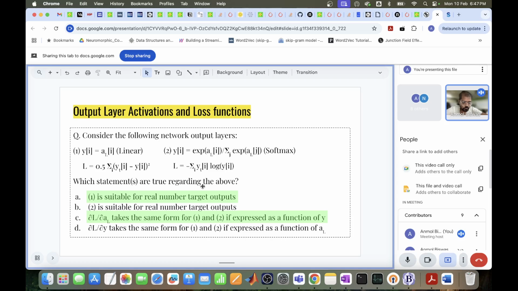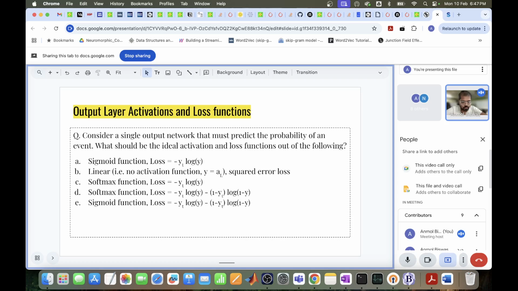And in that case, a very surprising result appears when you actually perform the differentiation step: when you take the gradient of the cross entropy loss with respect to AL, which is the pre-activation, you get a form that is exactly the same as what you would have gotten with the linear plus square error combination, right?